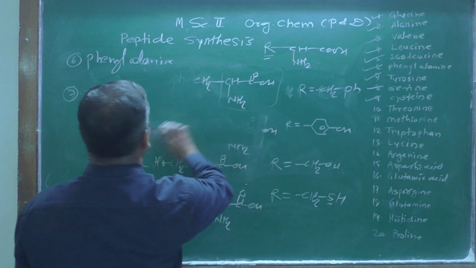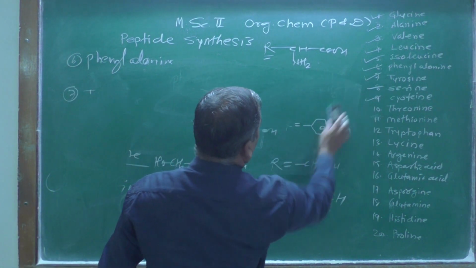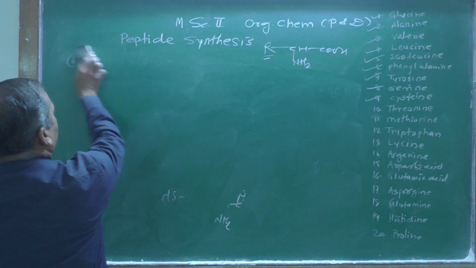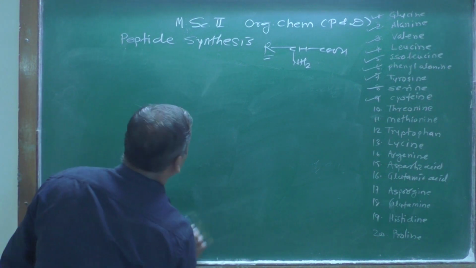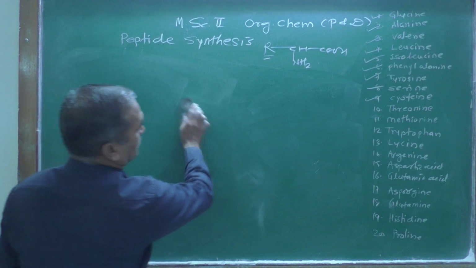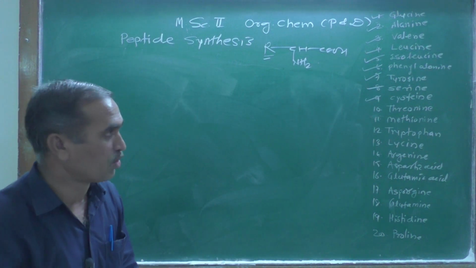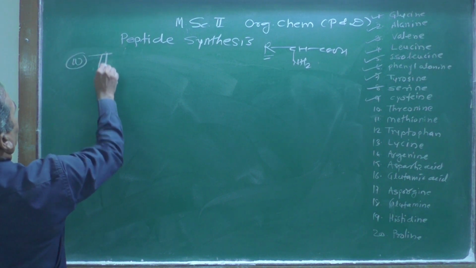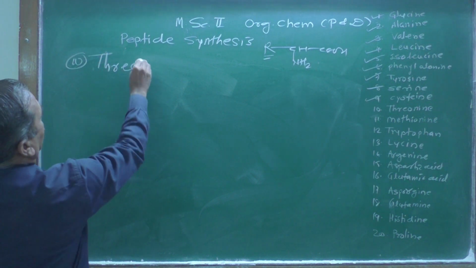Then let us see the next structures of the alpha amino acids. The 10th one is threonine.